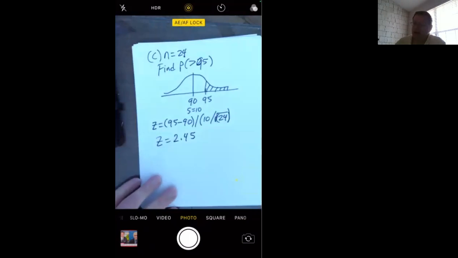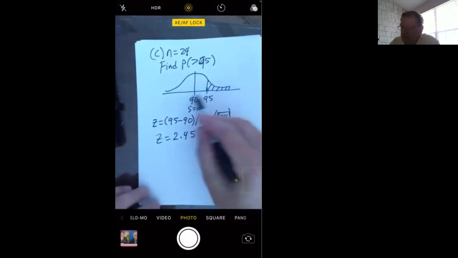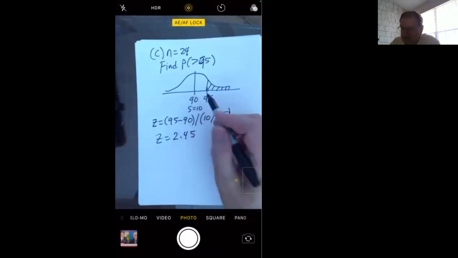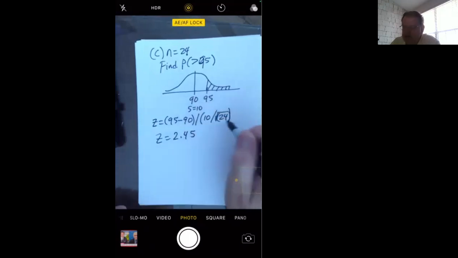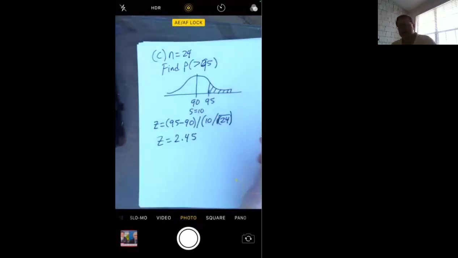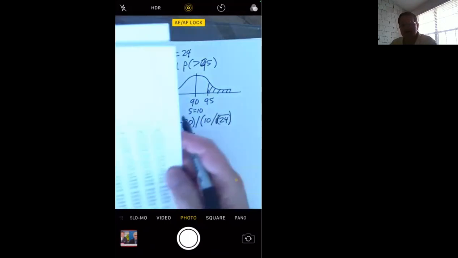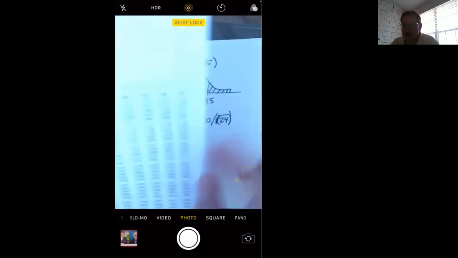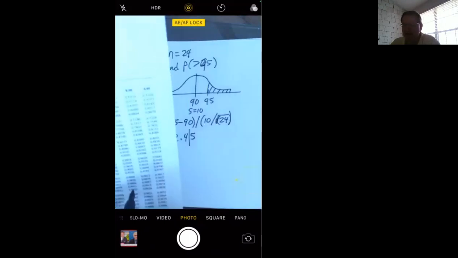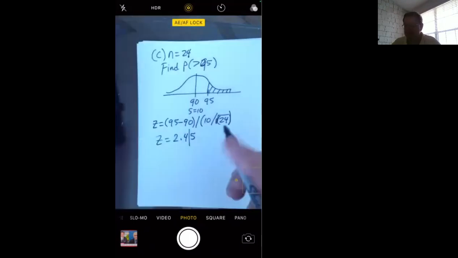See, 95 gets further and further away from 90 in terms of standard deviations when you sample. That's sort of the point of this. Split off the 5. 2.45 comes up 0.9929.